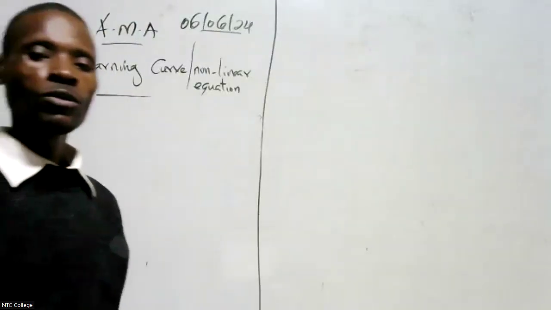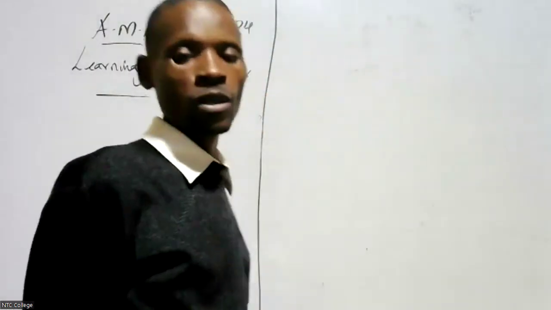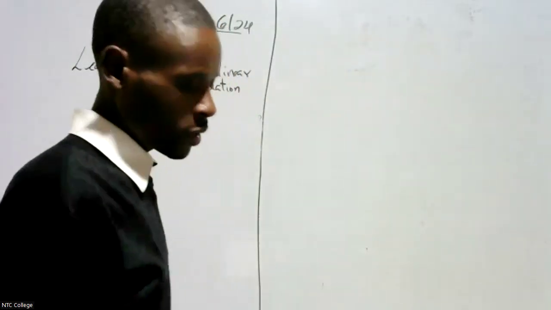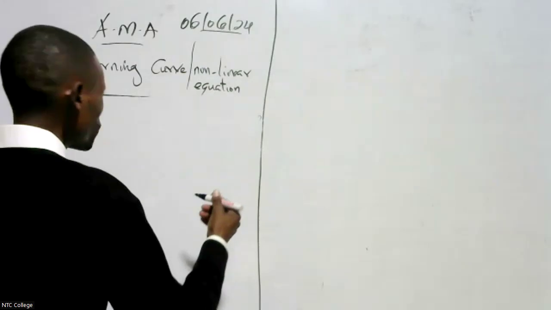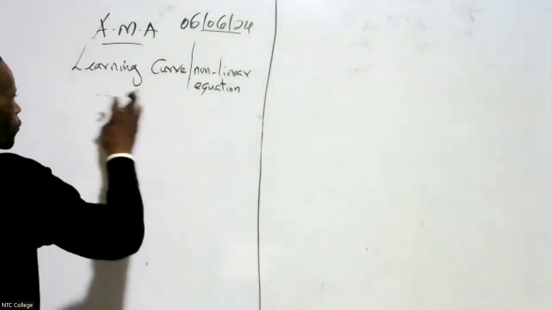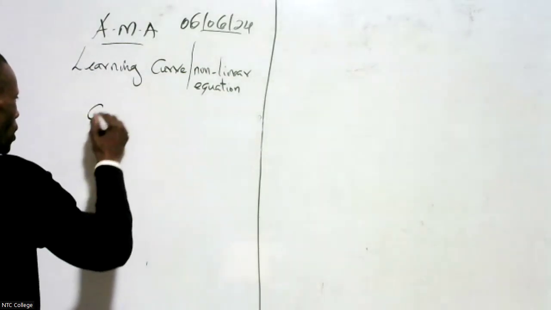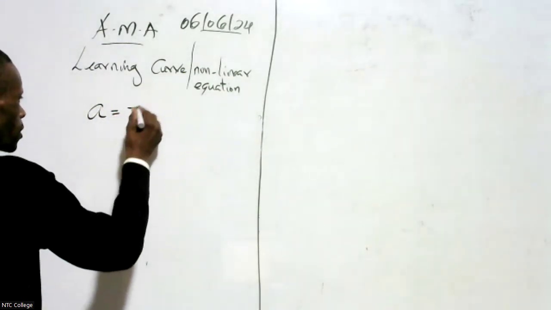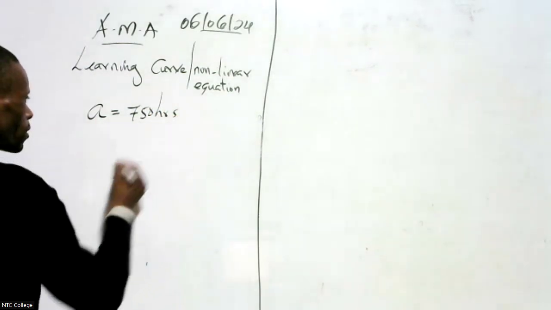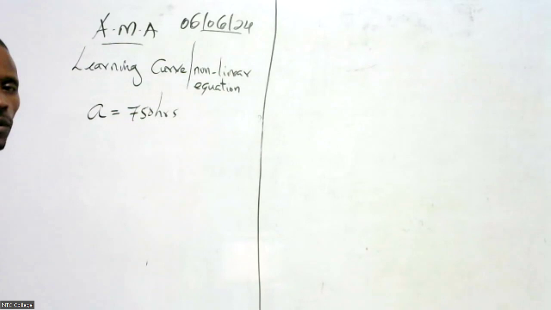Now, allow me to have an example. Consider the following information. A is 750 hours.